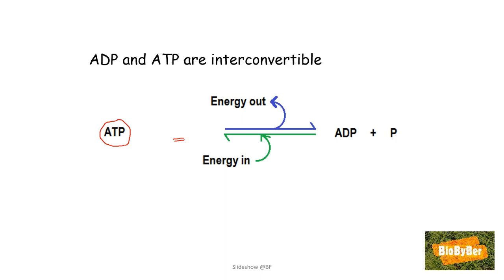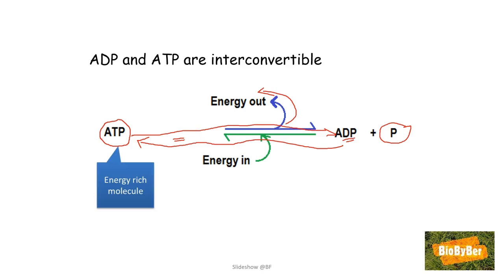So basically, the ATP will break down into ADP and release its energy. This energy can then be used for activities in the cell. ADP, in reverse, can pick up energy if it is released in the cell, combine with a phosphate group, store the energy and be converted into ATP.